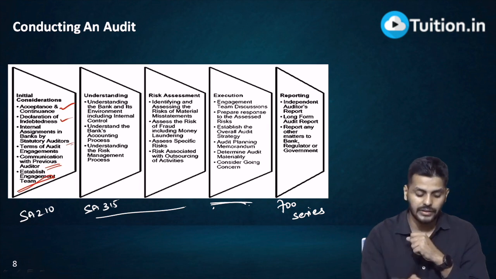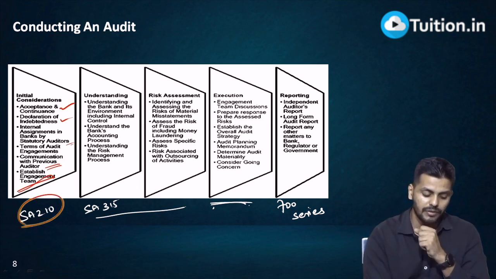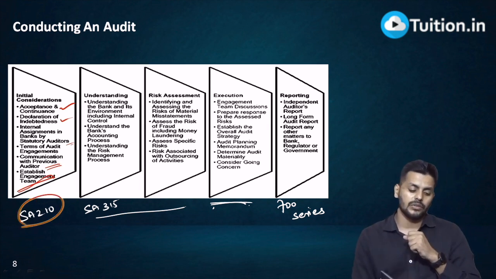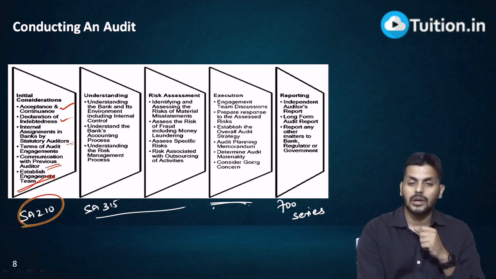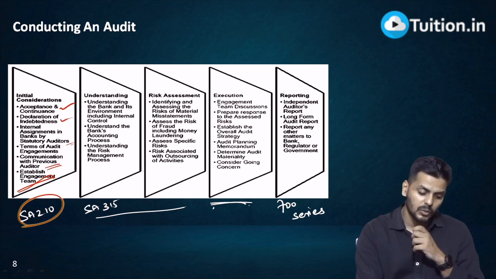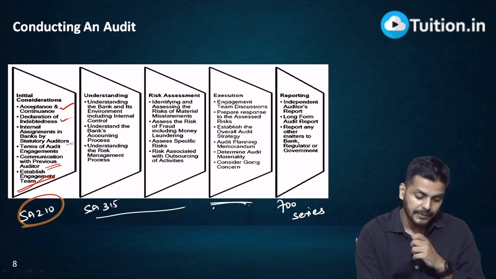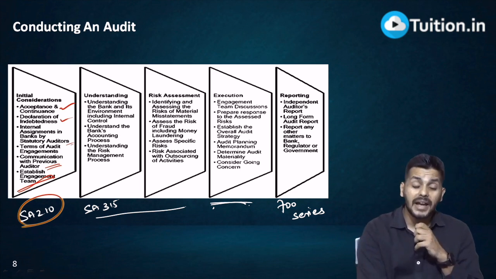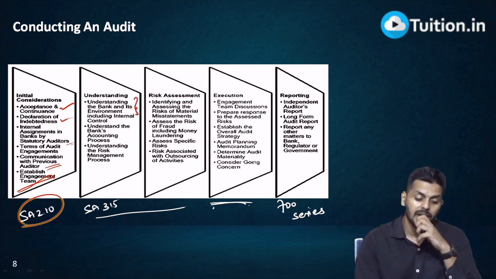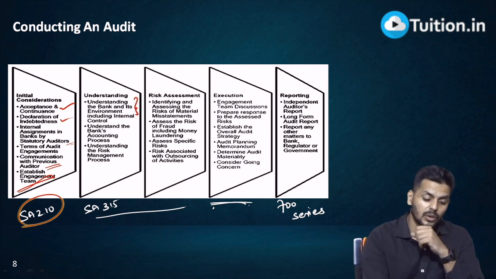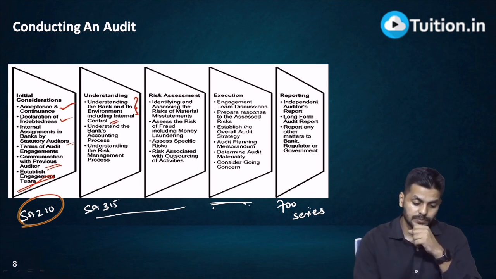Now all this, as I said, is conducted as part of standard number 210, which are part of your initial considerations. Then understanding, now it's again SA 315 part 1, understanding the bank and its environment, including internal control.